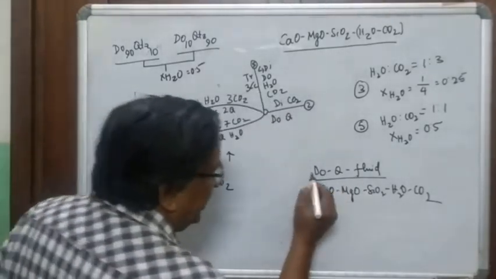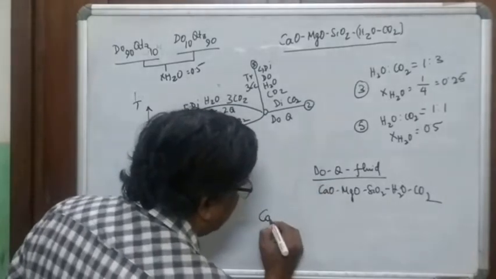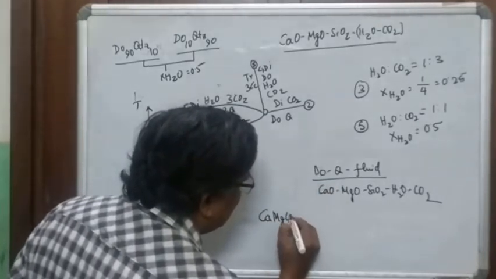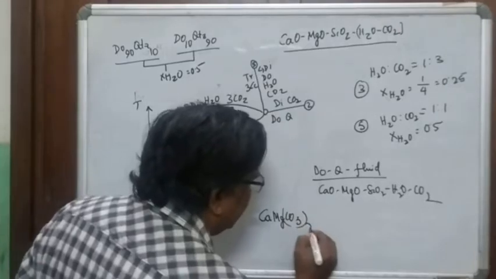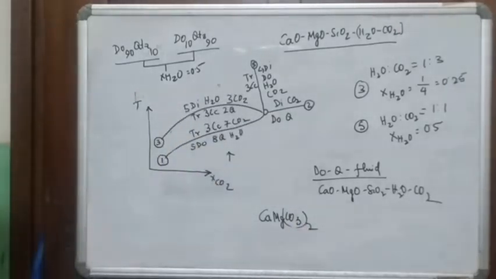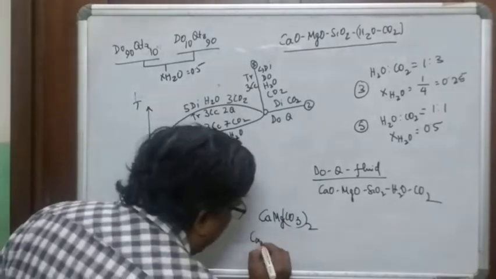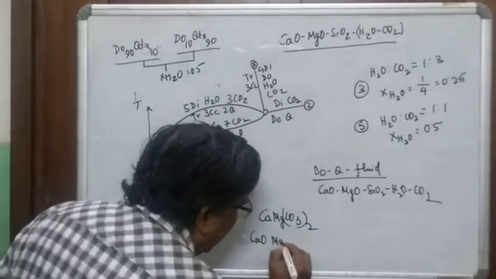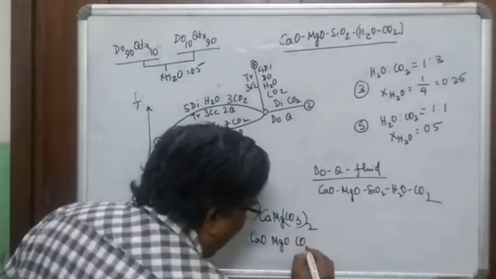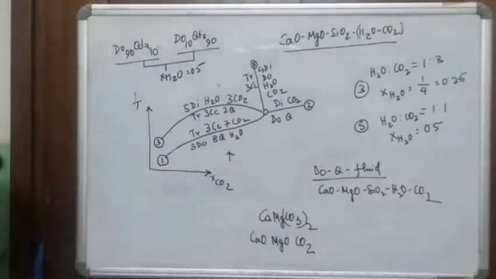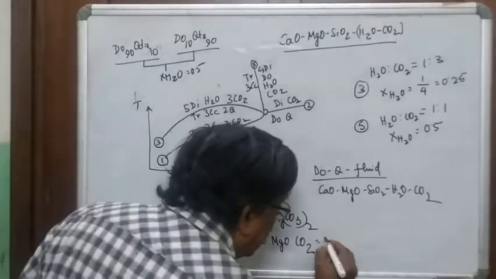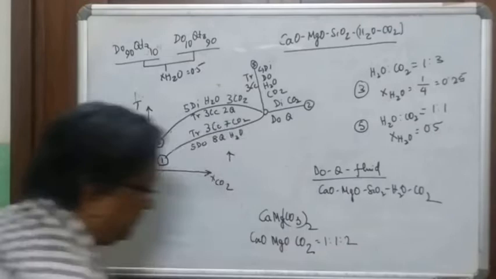You see here in dolomite, the formula is CaMg(CO3)2. But I can break it up as CaO, MgO, and CO2 in the ratio 1:1:2.